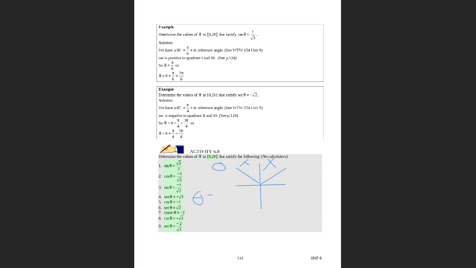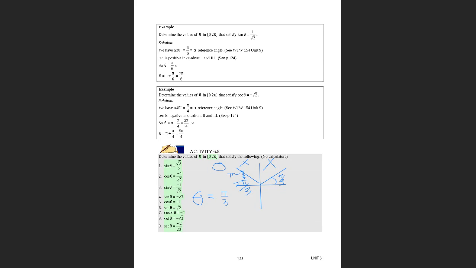Theta is going to be pi over 3, then here you have pi minus pi over 3, which is 2 pi over 3. So your answers will be pi over 3 and 2 pi over 3.